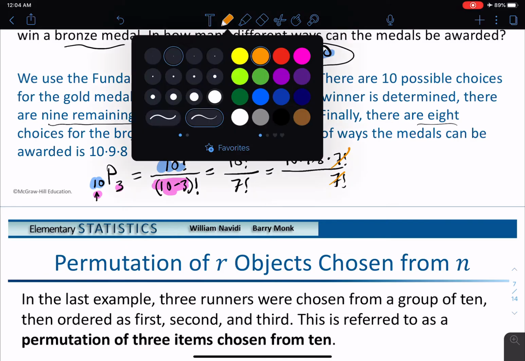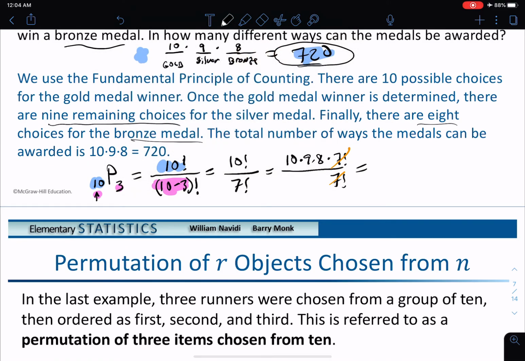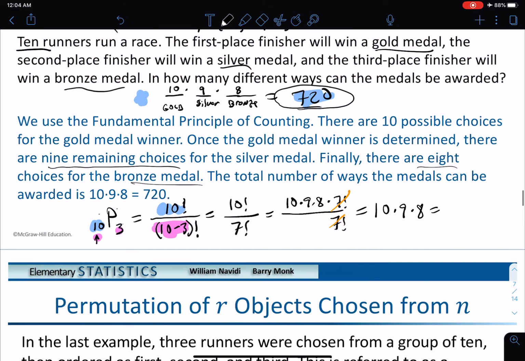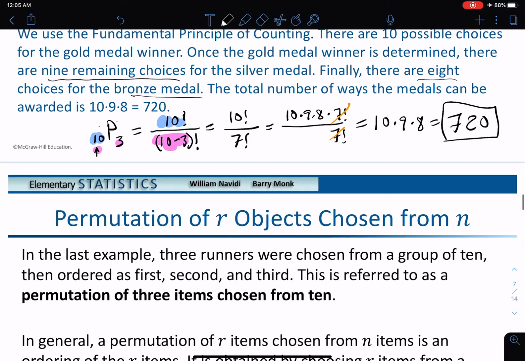And I'm left with, you can see, the permutation of 10 choose 3 equals 10 times 9 times 8, which perfectly matches my 10 golds, 9 silvers, 8 bronze, and I have a total of 720 different ways of arranging the gold, silver, bronze out of 10 people. So that's how that formula works, and you can intuitively see how it works with the fundamental counting principle.